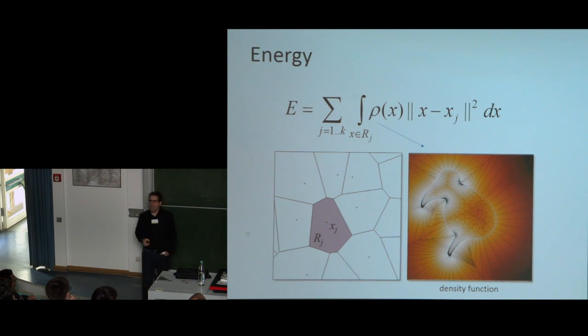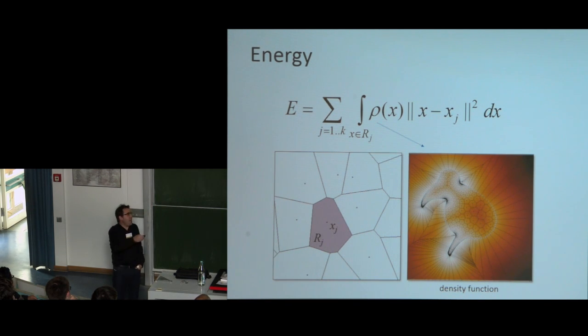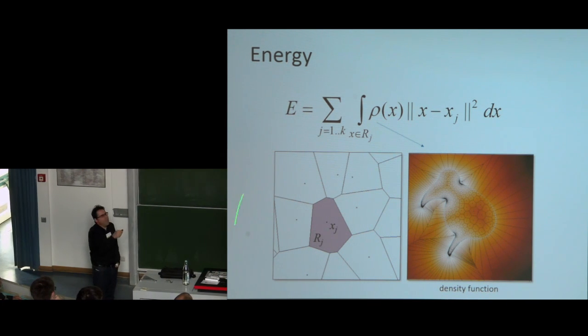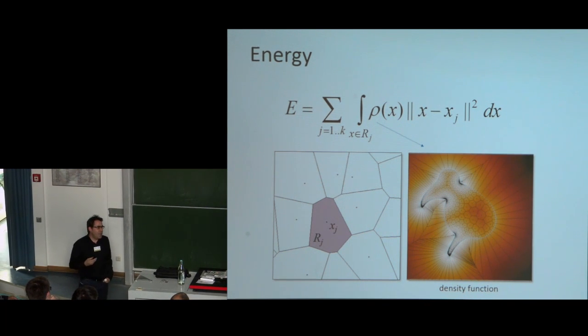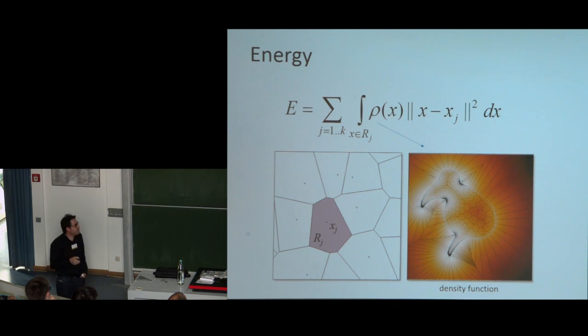Here, suppose I want to find a partition that minimizes the following energy. This energy sums up over the Voronoi cells, where the K are the indices of the regions, the Voronoi regions. This is a density function, rho of x. Suppose this is a density function I'm given. And this is an integral over each Voronoi region of the square distance from any point in that cell, x, to the generator, which is this black point.